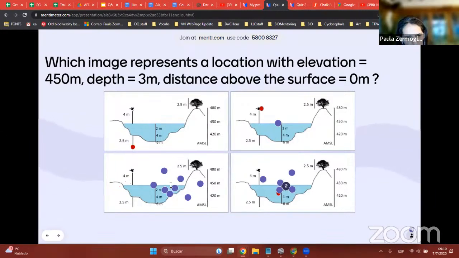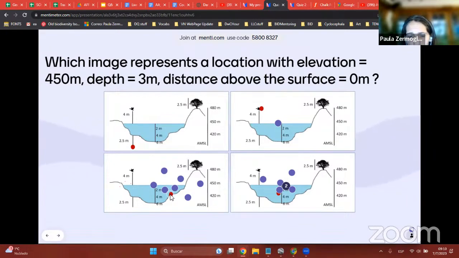Depth here is how many meters are we going down within the lake? Well, it's about 3 meters. So depth is 3 meters. And the distance above the surface, so far we're fine here. To determine that, we have to be on, below, or above the surface.